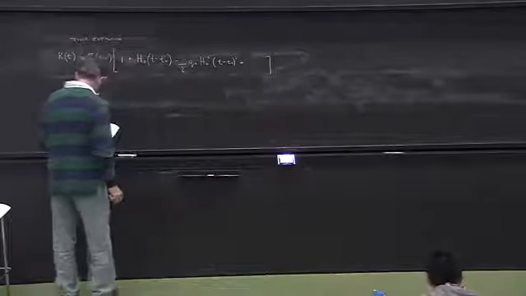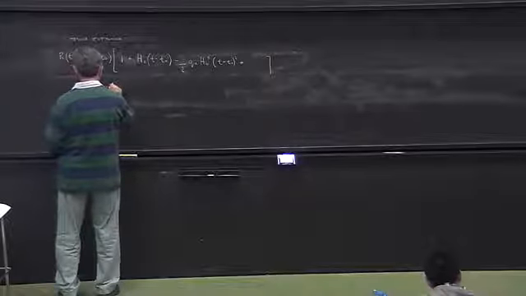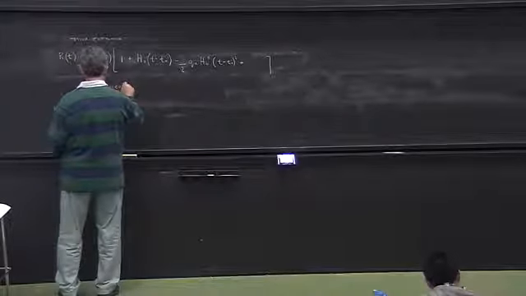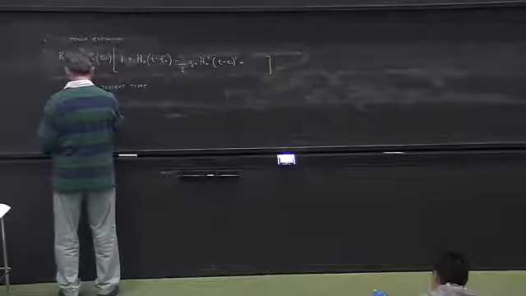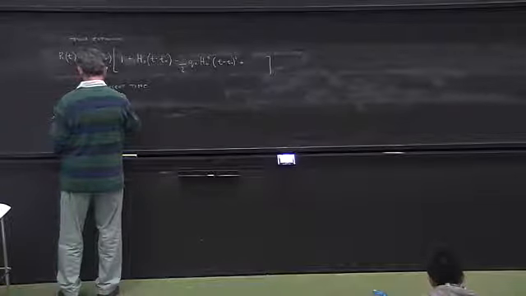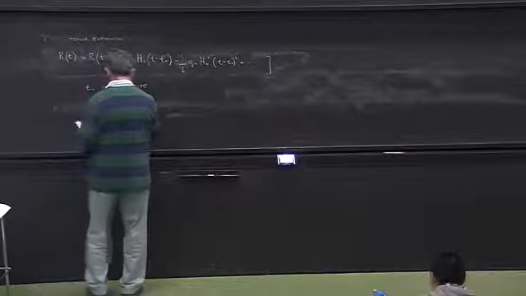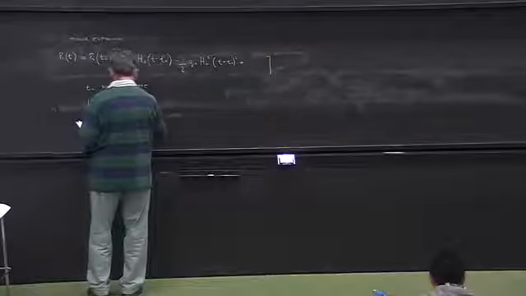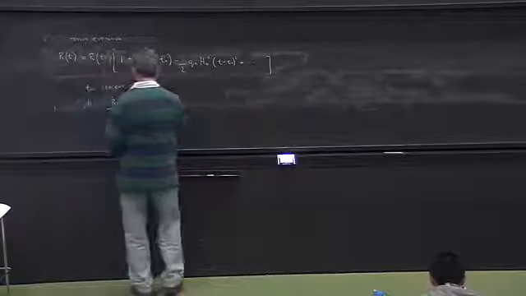And what's h naught? Well, t naught is the present time. H naught is defined to be R dot over R evaluated at the present time, and that's called Hubble's constant.